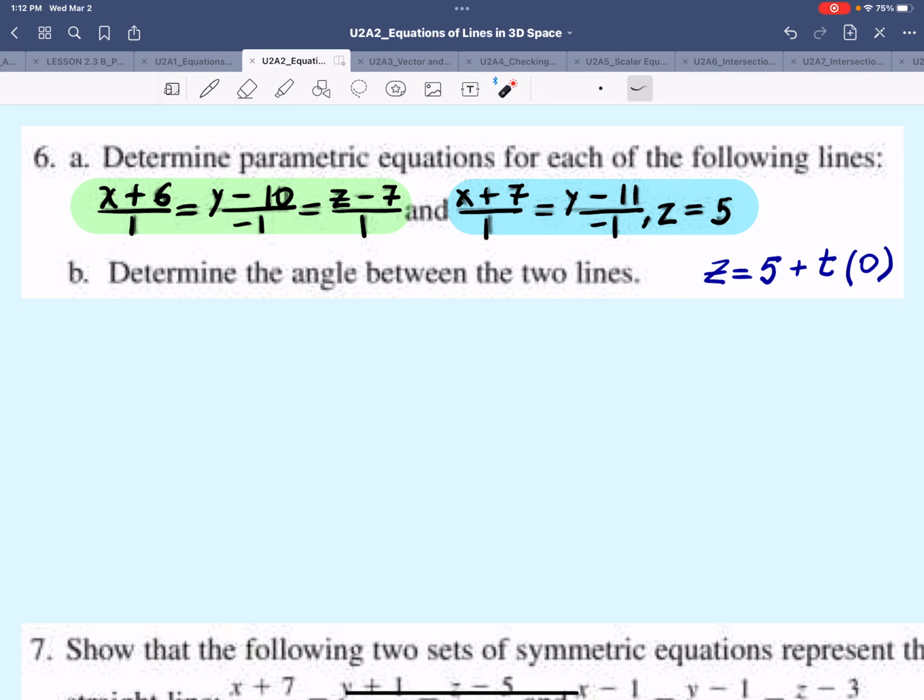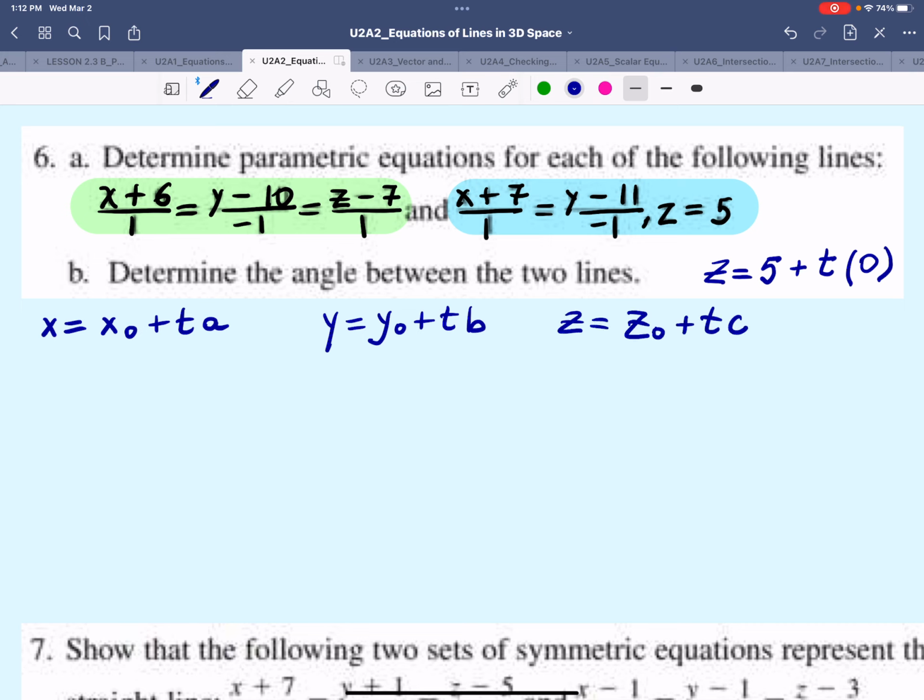So to find the parametric equation of a line, we need to write the equation in the form x equals x0 plus ta, y equals y0 plus tb, and z equals z0 plus tc.